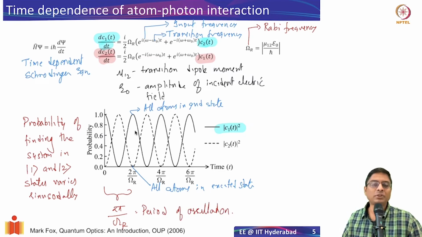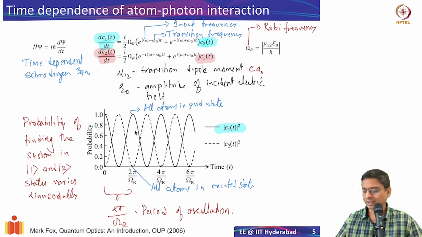How much is this period of oscillation? Well, we can try to make an estimate. We said the Rabi frequency is the dipole moment times the electric field divided by h bar. So what is the dipole moment? If I take an atom, my dipole moment will be simply charge times a naught, where a is the size of the atom.